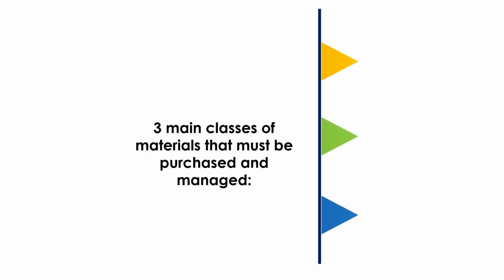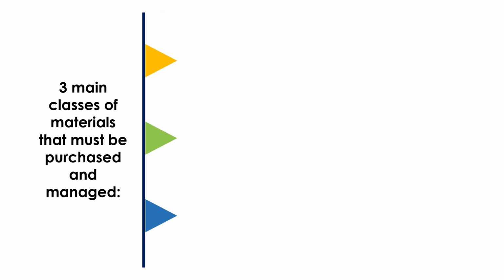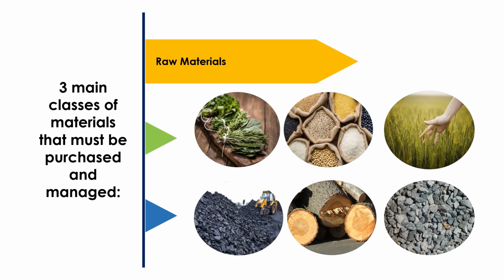We have here three main classes of materials that must be purchased and managed. First is raw materials. Generally, these are extracted from the ground and then refined.